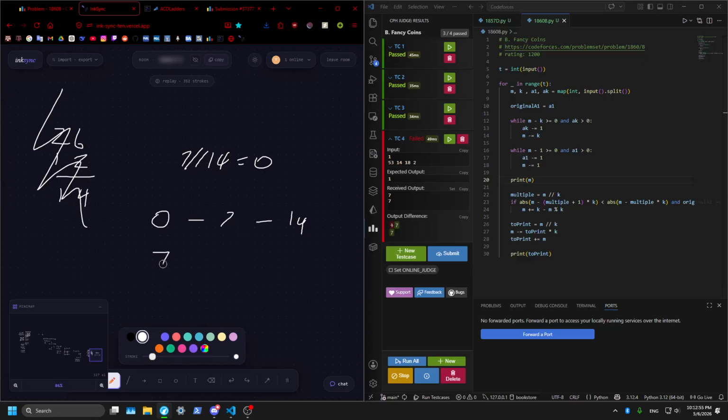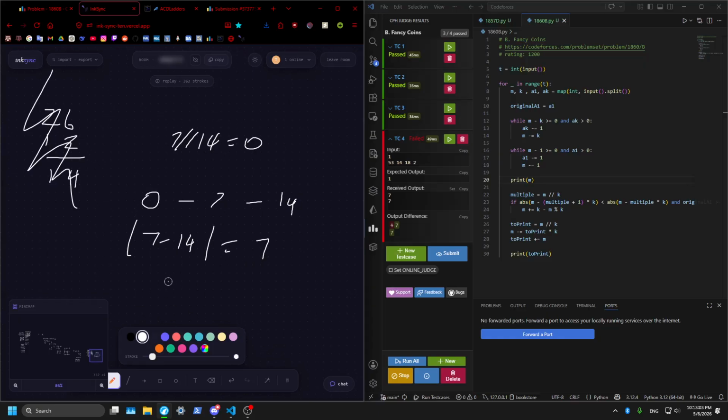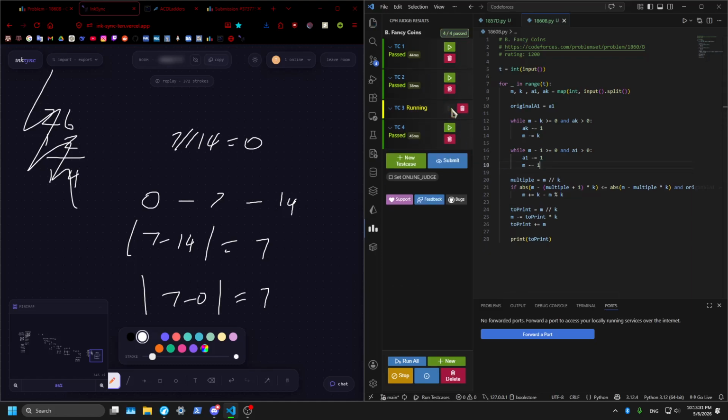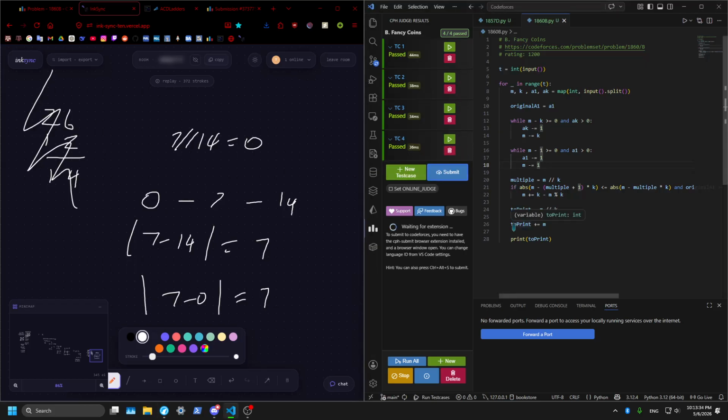Well, it's 7 minus 14. Abs is equal to 7. And then 7 minus 0 also equals 7. When they're both equal, we want to use, so it should be this. Is it as simple as this? Could just be as simple as this.